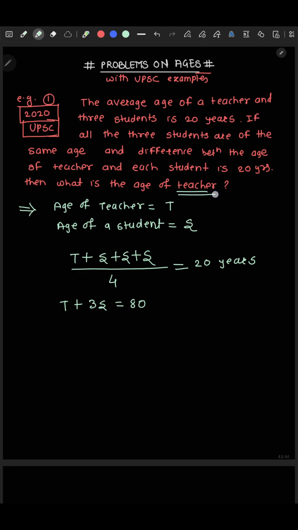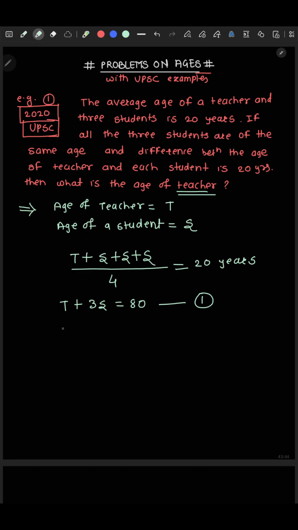Now what we need to find out is the age of the teacher. But before that, let me see if there is any other equation I can form from the given question. If you read the second line, the difference between the age of the teacher and each student is 20 years.